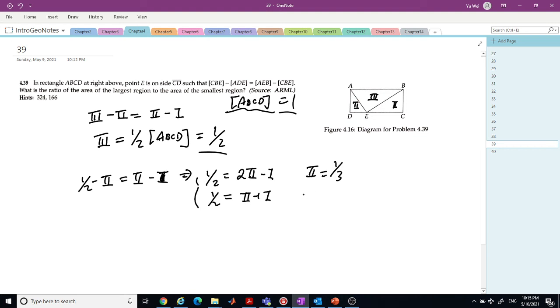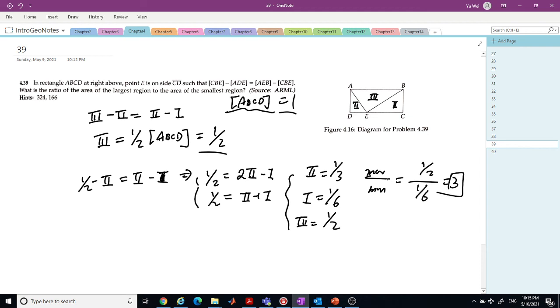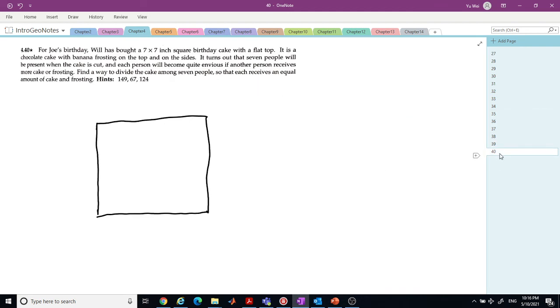Then if 2 is 1/3, 1 is 1/6, then the 3 is 1/2. So the max over min, okay, is 1/2 over 1/6, which is 3.